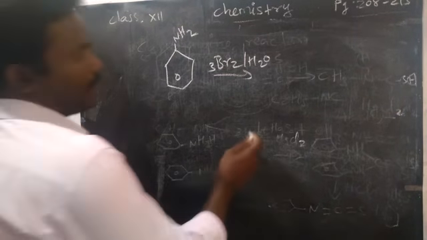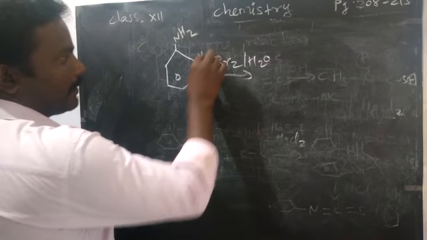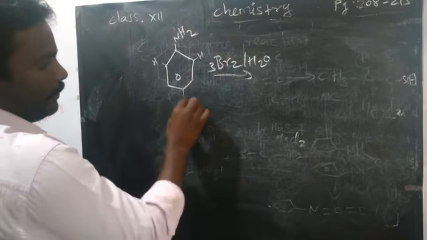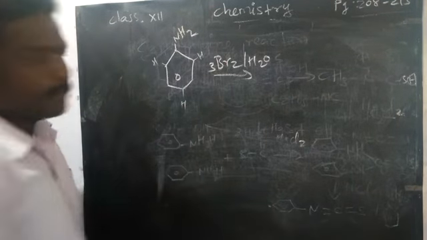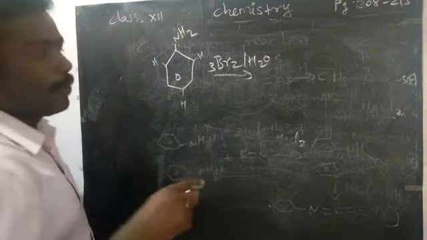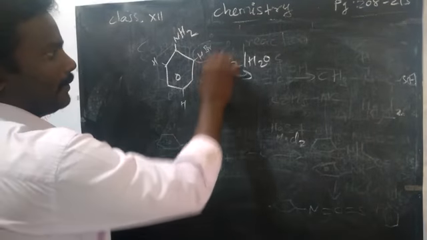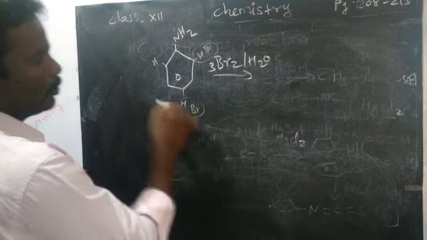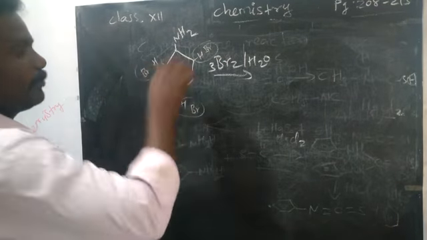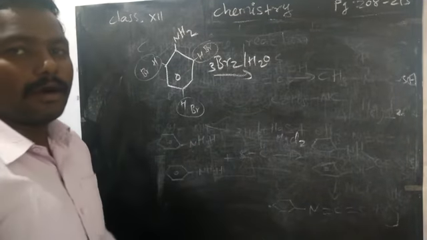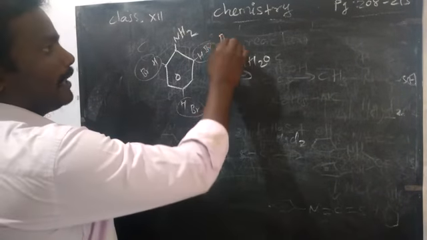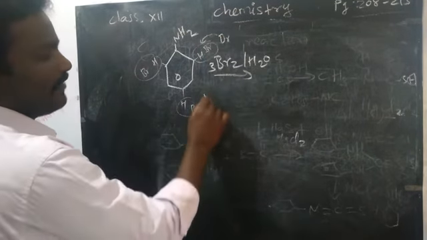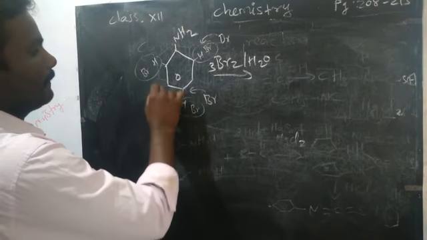Either or any one you have to take. Now what will happen? Here all the hydrogens, ortho position and para position. Totally 6 bromine we have. 1, 2, 3 bromine will go as a HBr. Remaining 3 bromine we can substitute in the place of hydrogen.